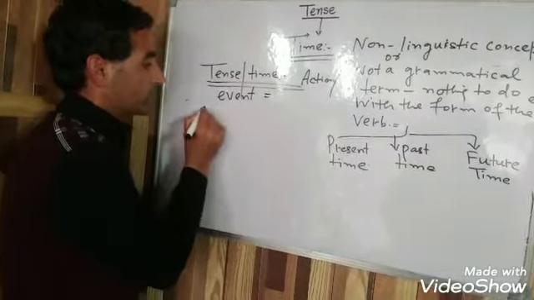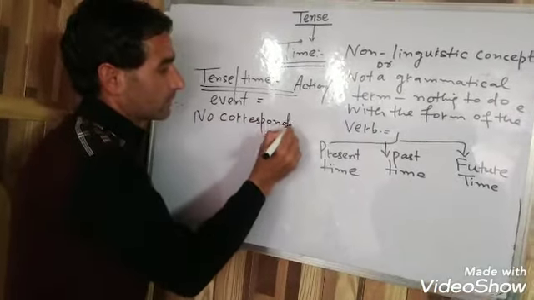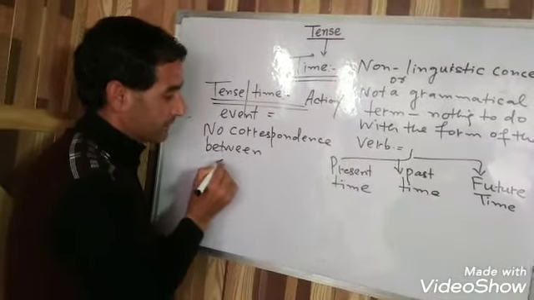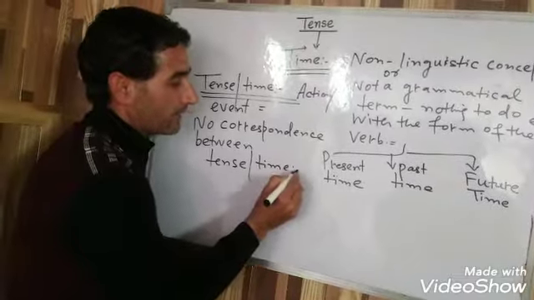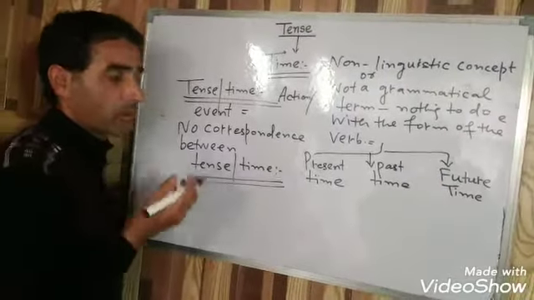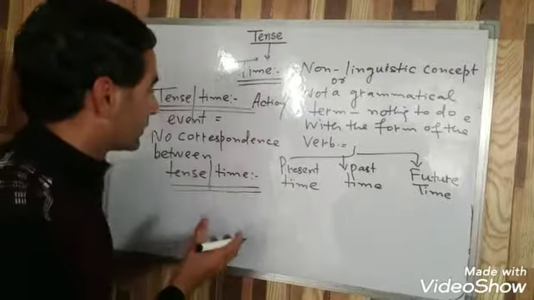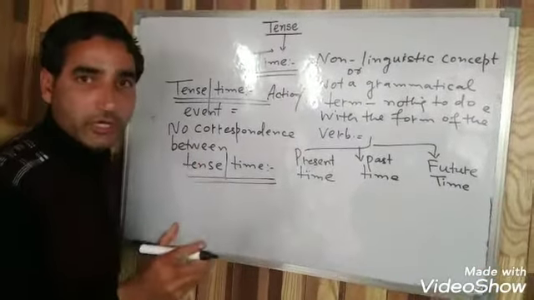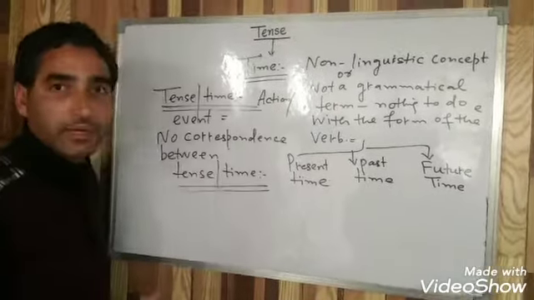That means there is no correspondence between the form of the verb and the time of an action or event. Now, let's take some examples in order to illustrate whether there is any direct correspondence between tense and time or not.